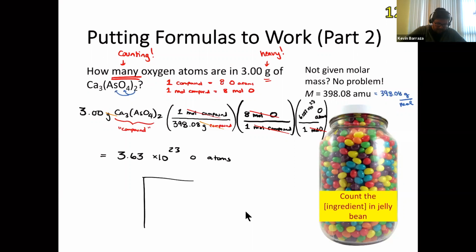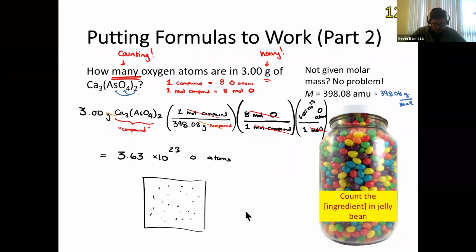So again, the idea is like we're counting an ingredient in this box. So we have a bunch of particles. These particles are a compound, but what we're asking about is that if we sort of zoom in on these particles, so, not to scale, I don't want to spend a lot of time on that. But what we're doing is we're counting individual pieces of this substance.